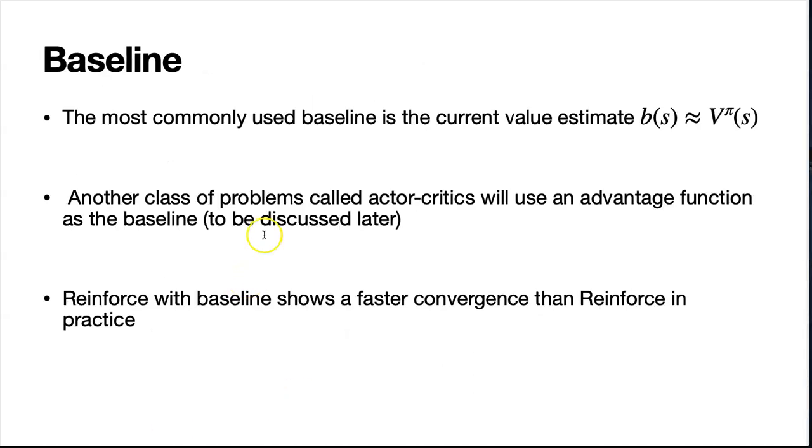In practice, we most commonly use the current value estimate V pi as the baseline function b(s). Another class of methods called actor critics will use a separate function called the advantage function as the baseline. We will see actor critics in the later part of this course. So reinforce with baseline shows a faster convergence than reinforce in practice.